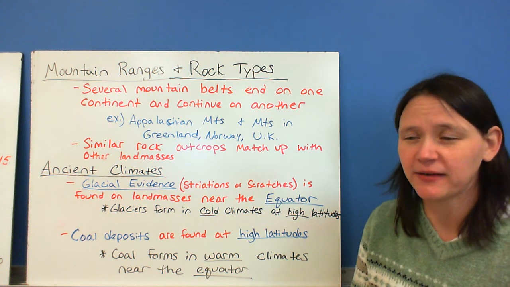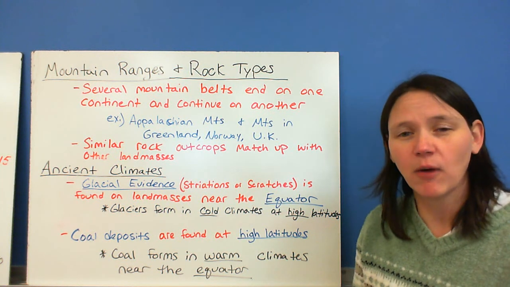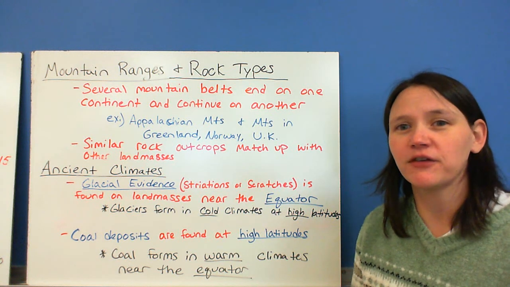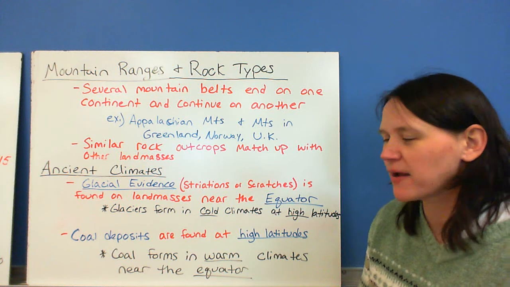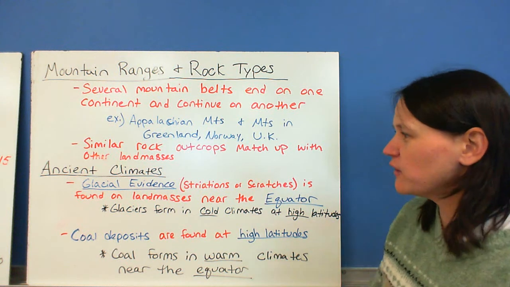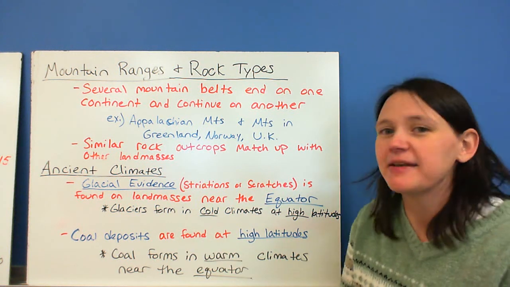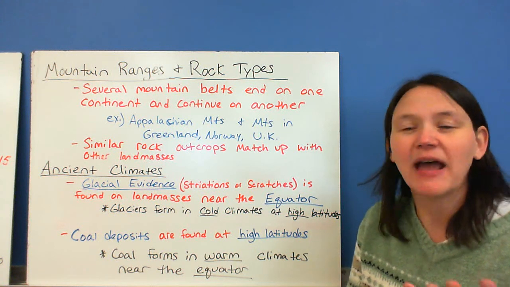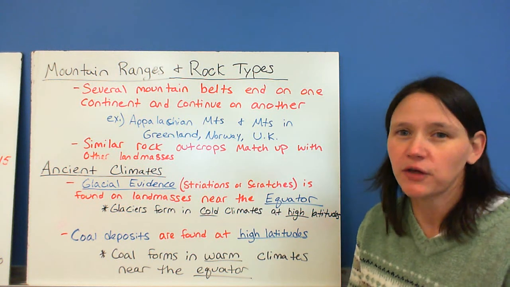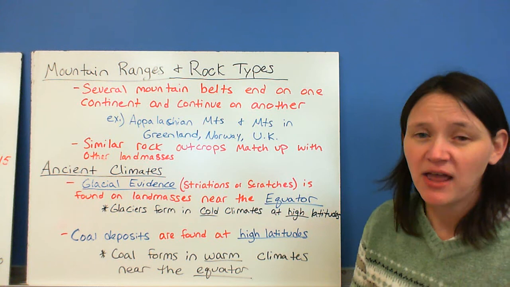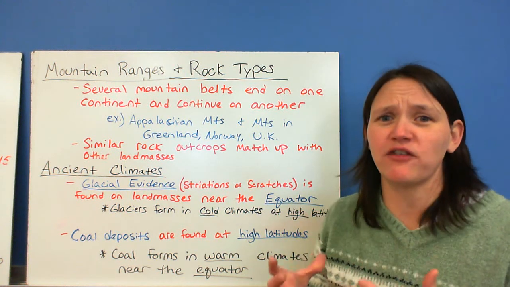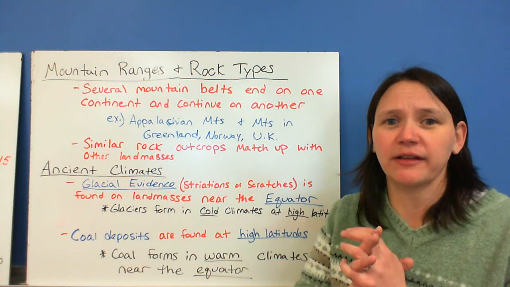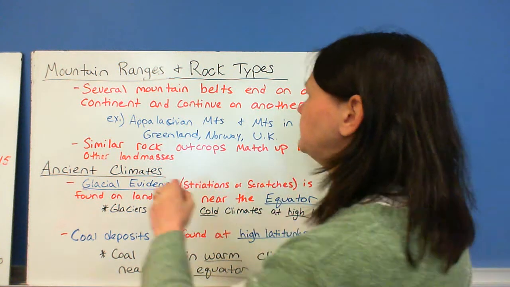There used to be a time when we were closer to the equator, it was warmer and allowed for these forests to form that eventually became the coal deposits that we have today. So these are two pieces of evidence that relate to climate that tell us that these places have moved. They used to be closer to the equator or farther from the equator than they are today. It's not that the climate has changed that drastically at the current latitude that those places are at.